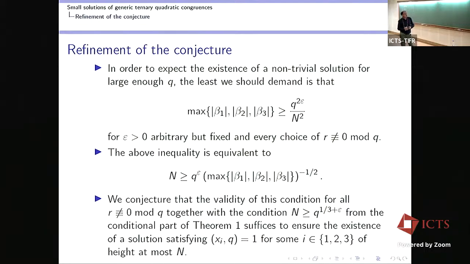Okay, so we conjecture that the validity of this condition for all r, together with this condition n greater or equal to 1/3 plus epsilon, from the conditional part of our theorem, should be enough to ensure the existence of a solution, satisfying x_i q is coprime for some i.